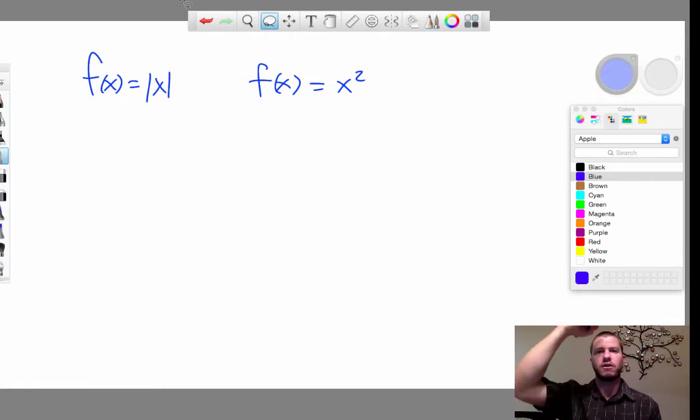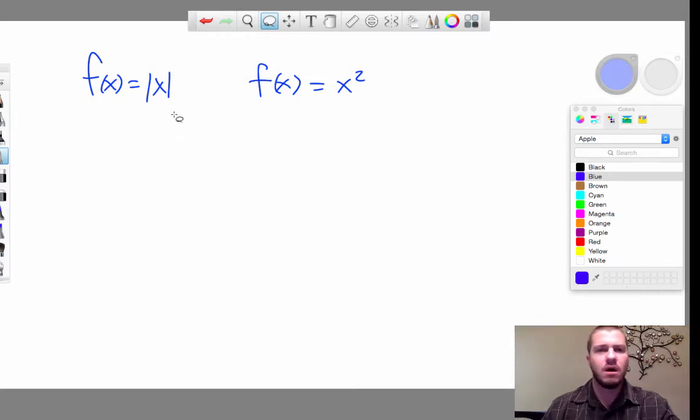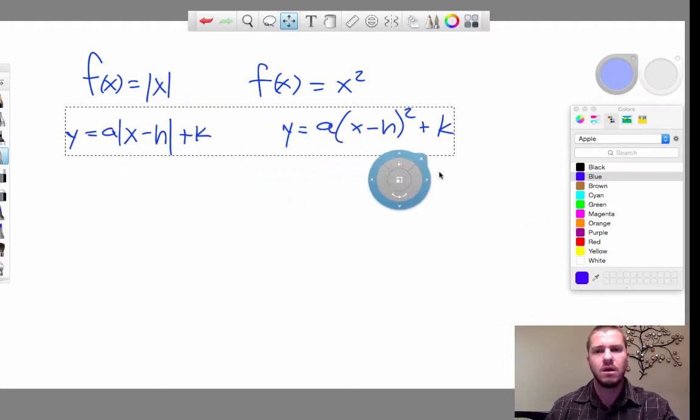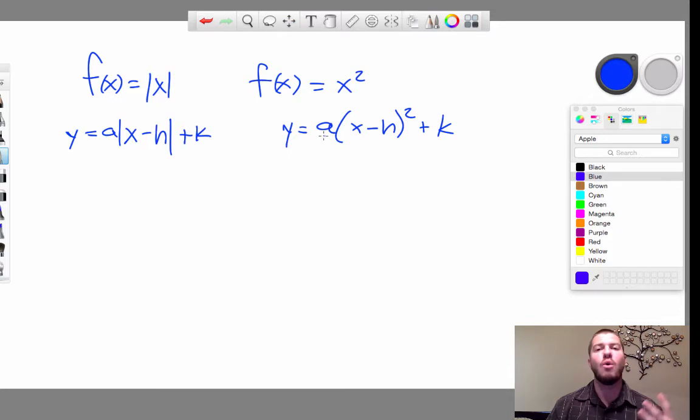And stretched vertically is going to make them skinnier or more narrow, and compressed vertically is going to make them wider. And we'll talk about that in a little bit. But this is going to be the formula for each of them to tell what the transformation is.